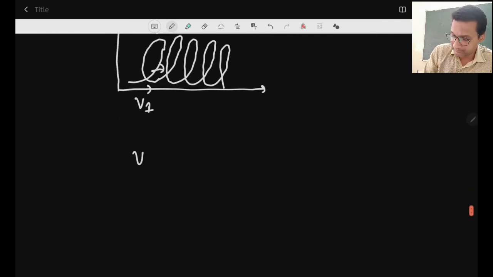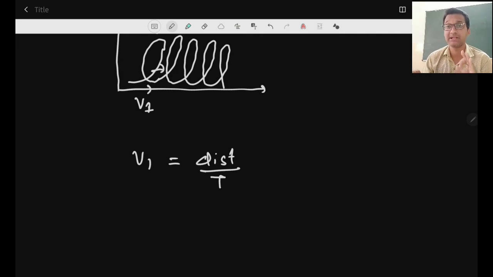So v1, which is the parallel component of the velocity, will be equal to distance divided by T. Capital T is the time period to complete one revolution, and during this one revolution it also moves a little bit forward, and this distance is called the pitch.